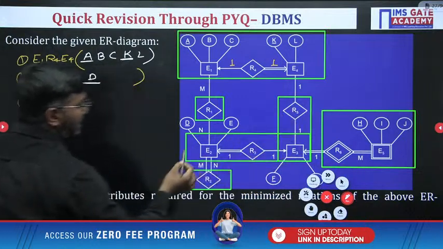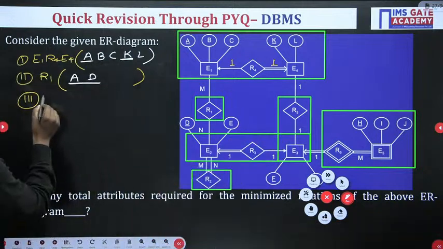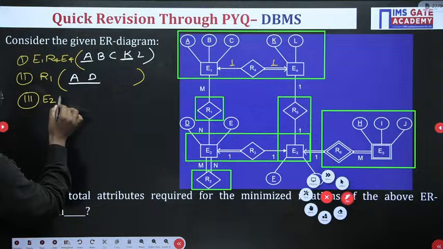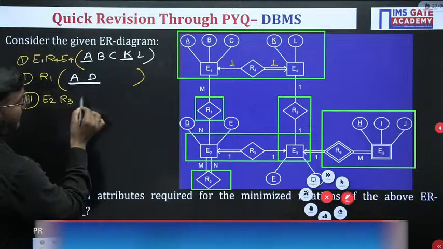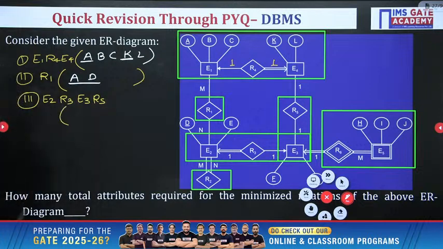Now the third one: let's skip this here. This one complete: E2, R3, E3, R5. How many attributes here?